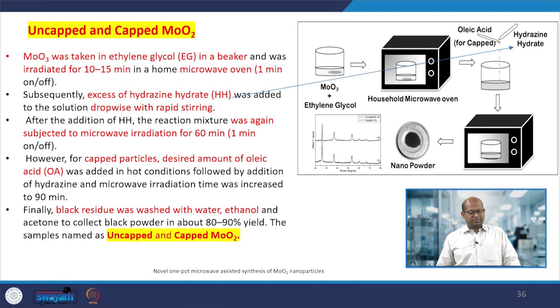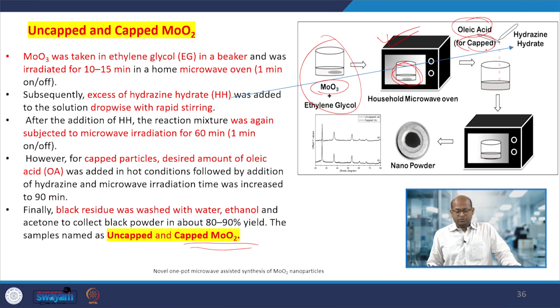Okay, so capped, uncapped also we can synthesize metal oxides. So initially metal oxide MoO3 and ethylene glycol were taken, then ultrasound waves were passed through this solvent solution, and then we can use oleic acid as a capping agent, or hydrazine hydrate as a reducing agent.